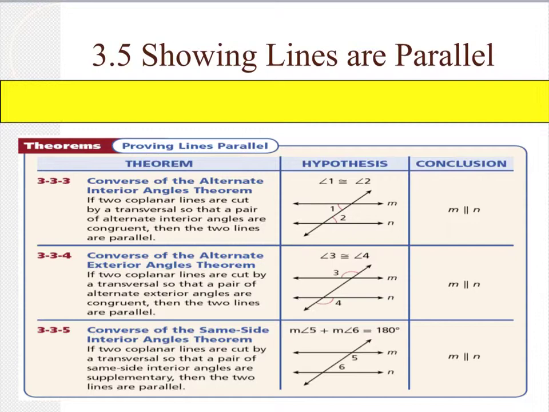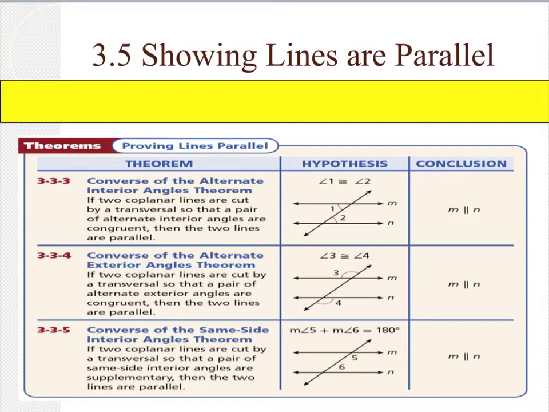That also goes for the converse of the alternate interior angles, converse of alternate exterior, and converse of the same side interior angles theorem. Again, if your alternate interior angles are congruent, then those lines have to be parallel. Same thing with alternate exterior. If the alternate exterior angles are congruent, then those two lines are parallel. Last one is the different one, kind of the odd duckling of it, the same side interior.